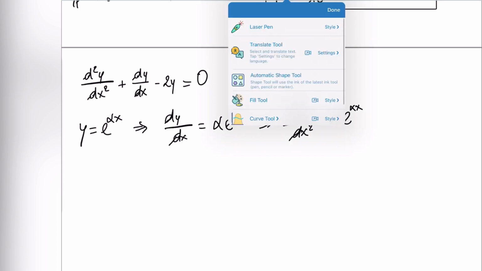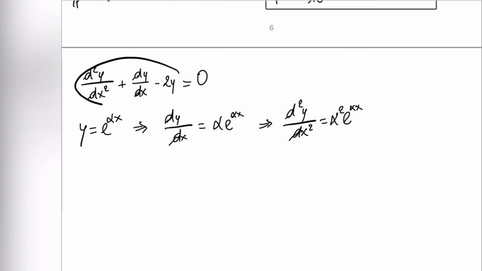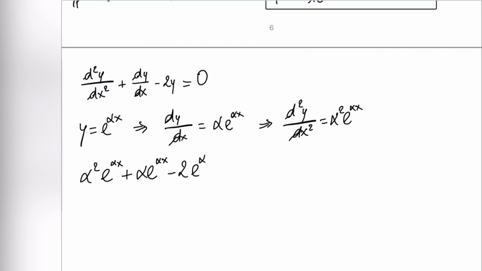Now that we have this, we can substitute them into this equation. So that would give us alpha squared e to the power alpha x plus dy dx, which is alpha e to the power alpha x, then minus 2 times y, which is e to the power alpha x, is equal to 0.